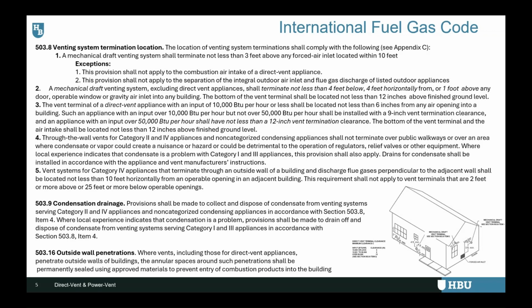When any vent, including direct vents, go through an outside wall, the space around the pipe needs to be permanently sealed with approved materials. This is essential to prevent any combustion products from leaking back into the building at the wall penetration. Understanding these specific code points helps us ensure we're installing venting systems safely and correctly every single time.